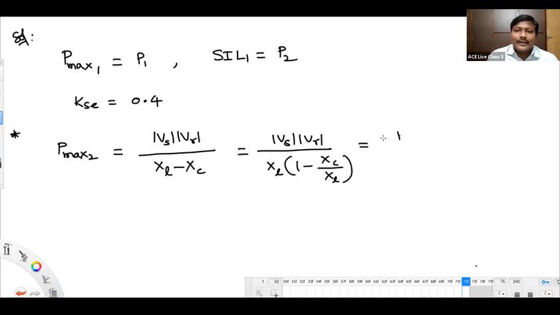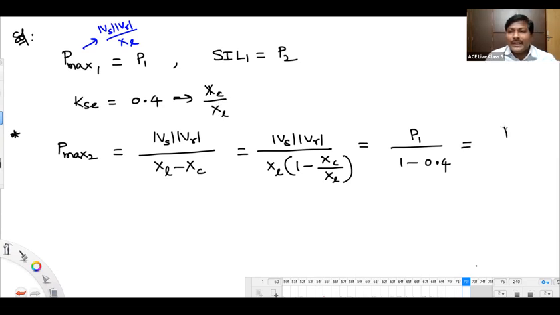Means you can get here, Vs into Vr by XL is what? Anybody? That is nothing but P max 1 only. Vs into Vr by XL, that is P maximum 1. So it is P maximum 1 by 1 minus XC by XL, which is 0.4.